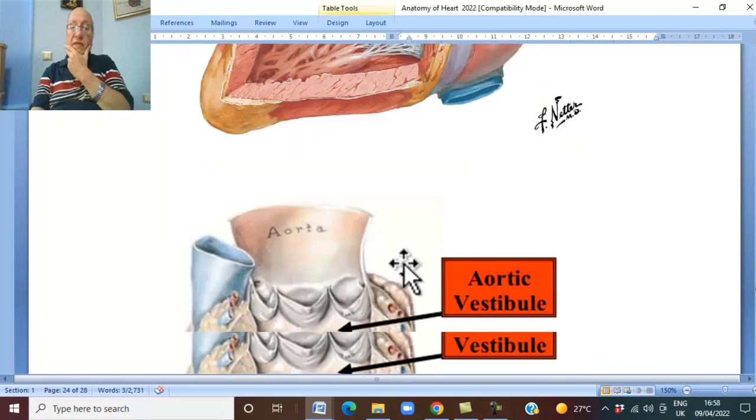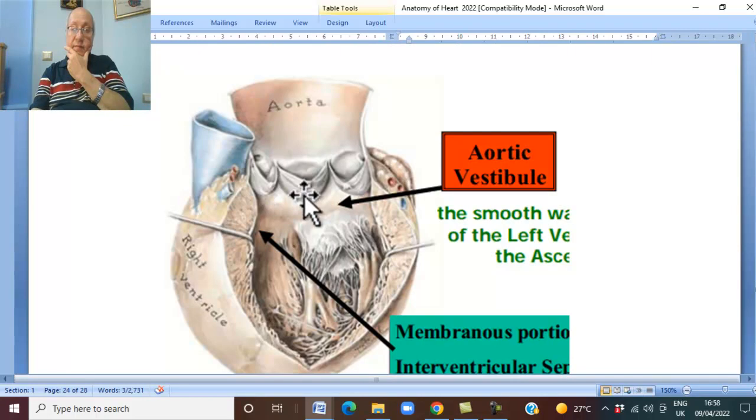The outlet orifice is the aortic orifice, which is circular as the pulmonary orifice and circular as the mitral orifice. Therefore, you can write on your paper: all orifices of the heart are circular except the tricuspid orifice, which is oval.